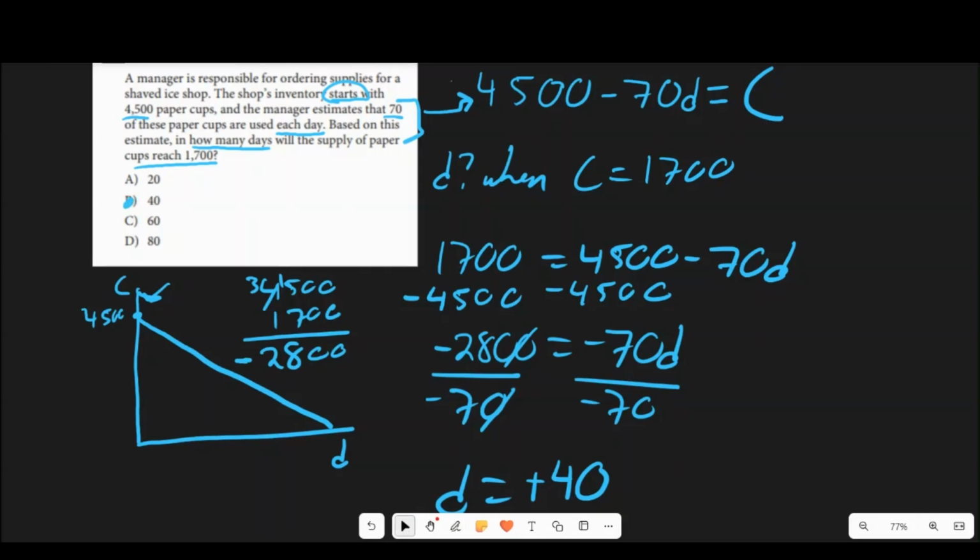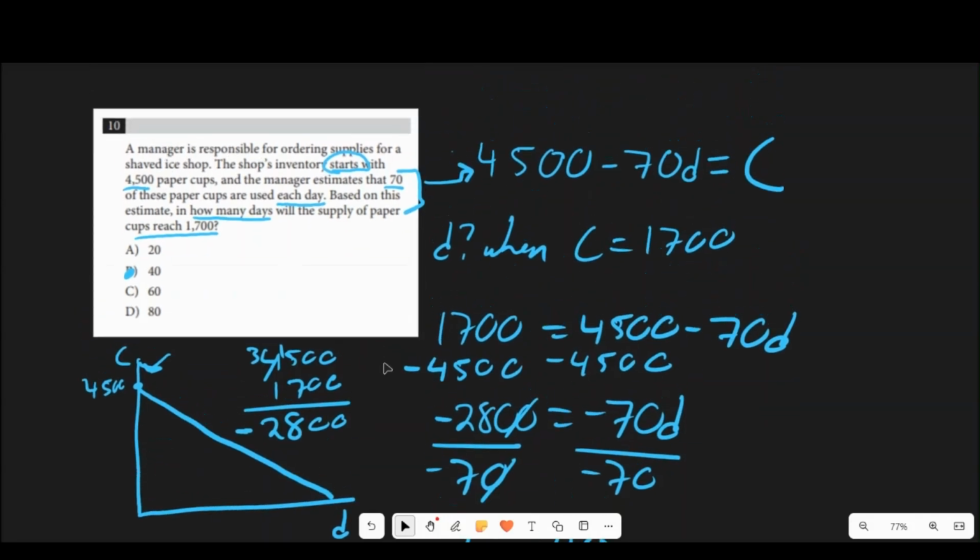So there you have it. Pretty straightforward question so long as you're able to connect what they are describing to an equation. Always remember when you have starts with some number, that's going to be your constant term. And when you have something represented by each day, that's going to be your slope, or your term with the variable.